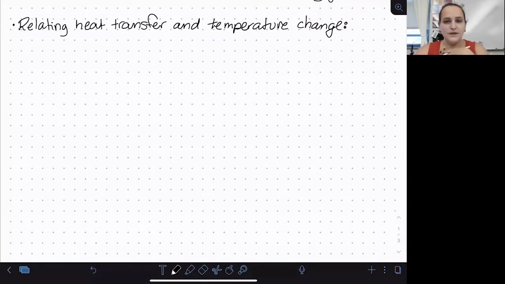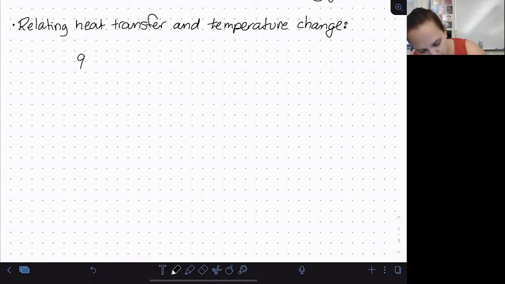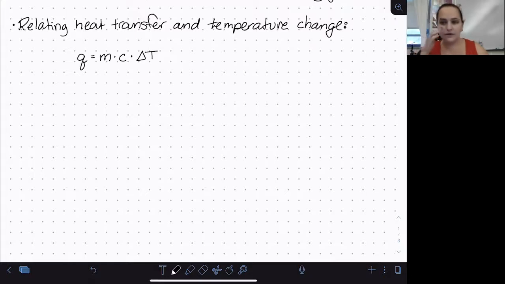So specific heat is what allows us to relate the amount of heat transferred to the amount of temperature change for a given substance. So we have an equation that allows us to figure out how much heat is required to cause a particular temperature change.